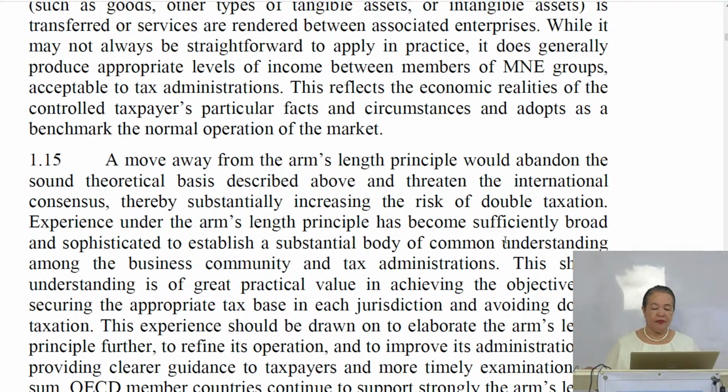A move away from the arm's length principle would abandon the sound theoretical basis described above and threaten the international consensus. Why? Because the arm's length principle has been accepted internationally as the principle for pricing transactions between related enterprises.